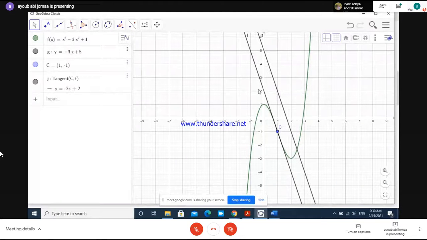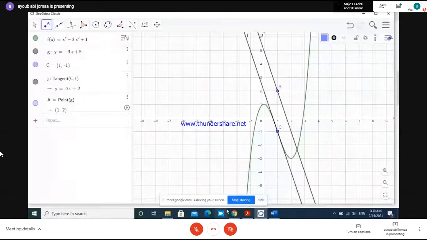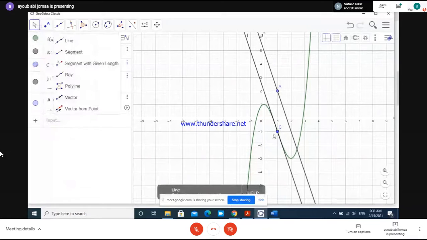If you do, you get 2, which gives the point 1, 2. It is not a point on the curve. It is a point on the line. It is not the point of tangency. The question needs a point on the curve, so we replace in the function f.